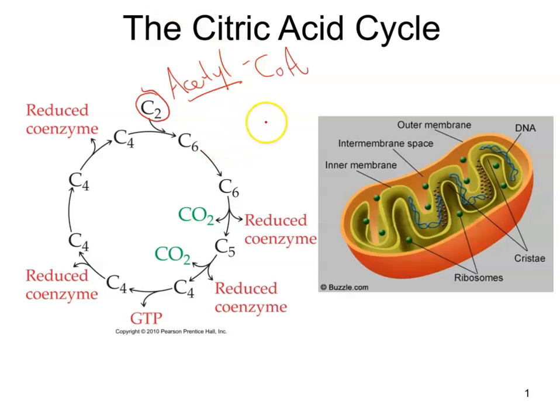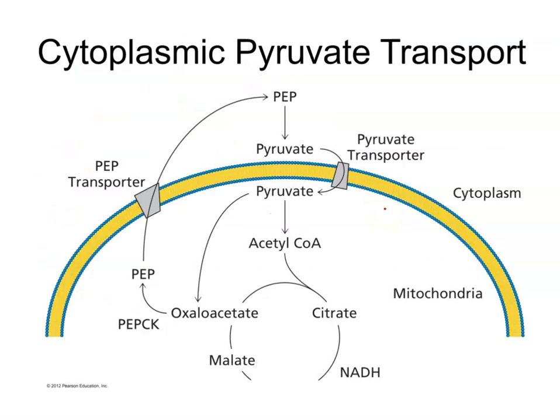One thing I did want to mention as well is that we have that pyruvate. Remember the pyruvate molecule that I want you to be familiar with? That is going to be converted into acetyl-CoA. But first, we have to get that pyruvate into the mitochondria, where all of the citric acid cycle process happens. So we have the phosphoenolpyruvate.